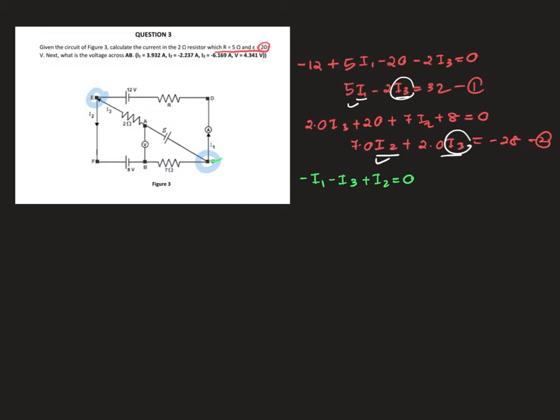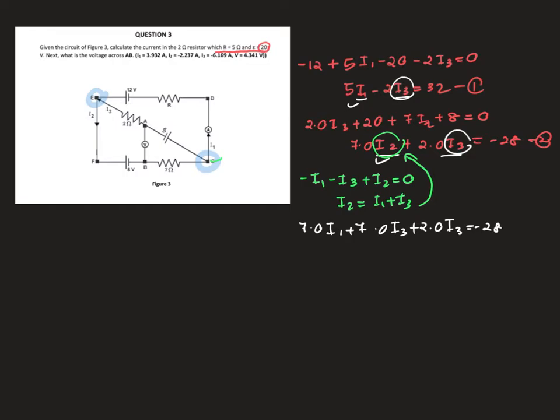Okay, so now I'm going to change this one. For me to change that, I need to make I2 my subject. That's why I'm going to get I2 equals I1 plus I3. I'm going to insert that into this formula, so I'm going to get 7.0 I1 plus 7.0 I3 plus 2.0 I3 equals negative 28.